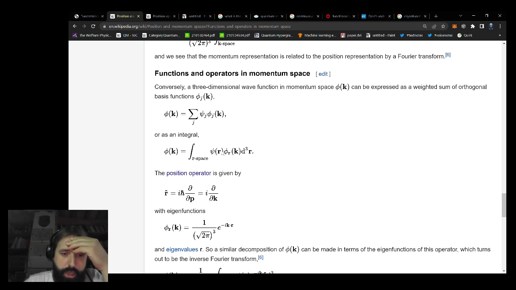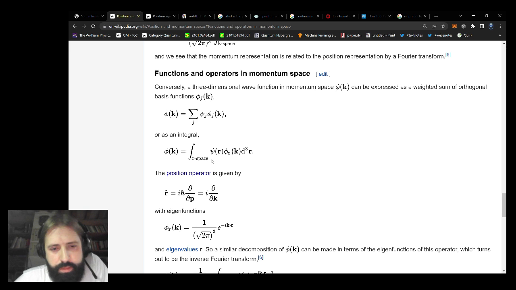Keep multiplying and adding them or integrating them. And that's it, and that gives you the momentum. That is what's a bit odd.